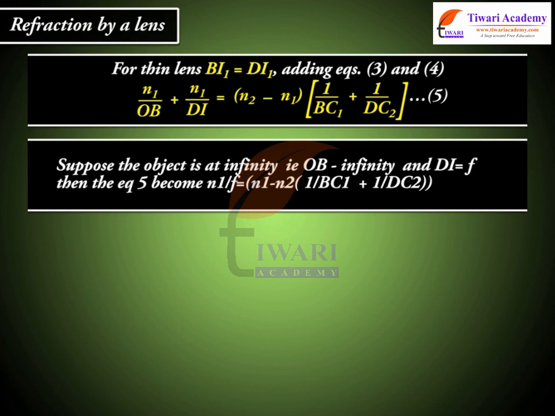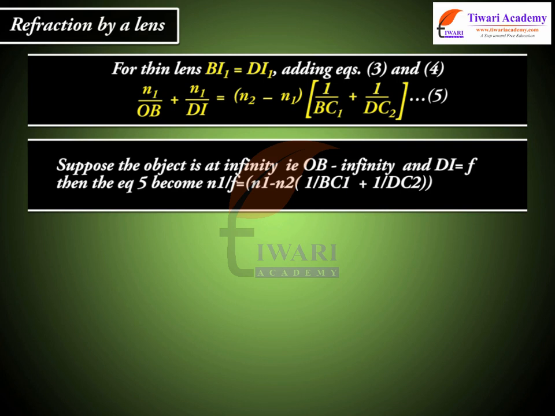Then equation 5 becomes n1 upon f is equal to (n2 minus n1) times (1 by BC1 plus 1 by DC2).